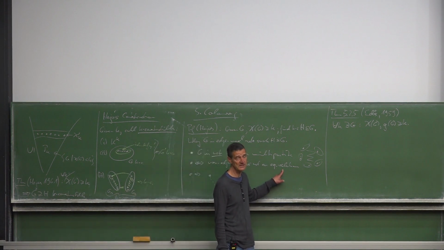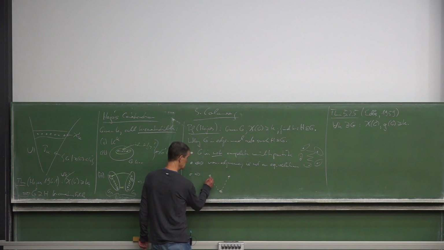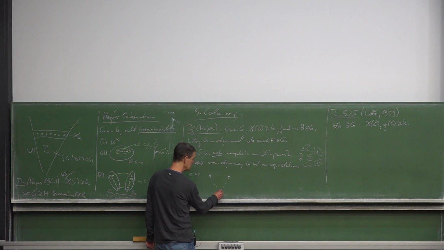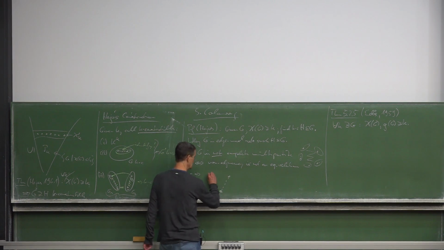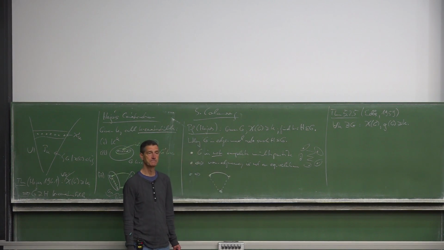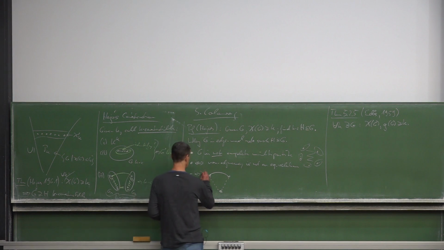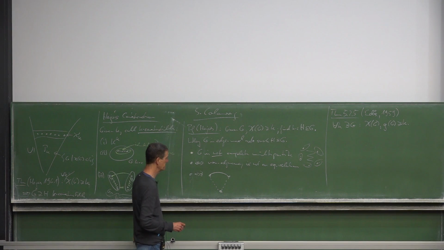Well, it can't fail to be symmetric. It can't fail to be reflexive, but it can fail to be transitive. So if it fails, it must fail to be transitive. So there are three vertices. These are non-adjacent, those are non-adjacent, but this is not equivalent to that. Okay. So that exists somewhere in G.